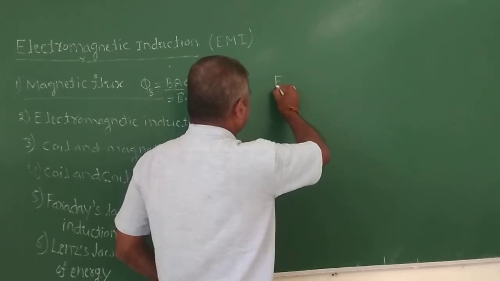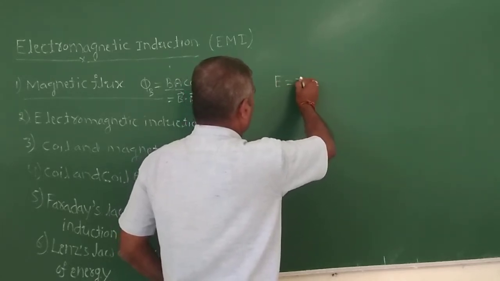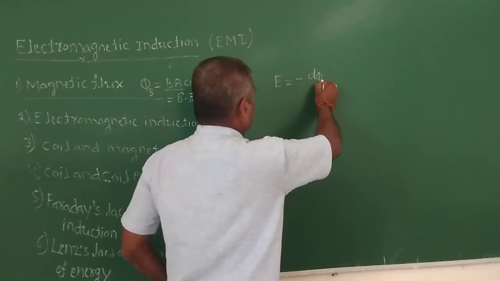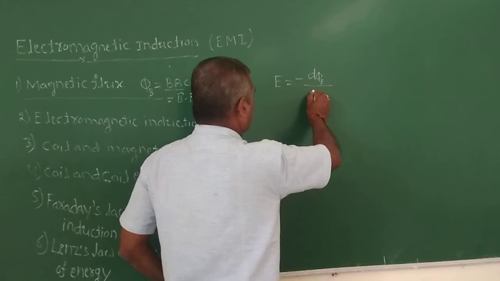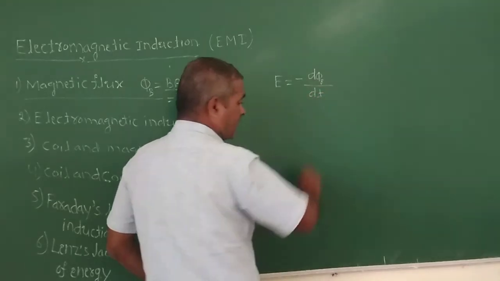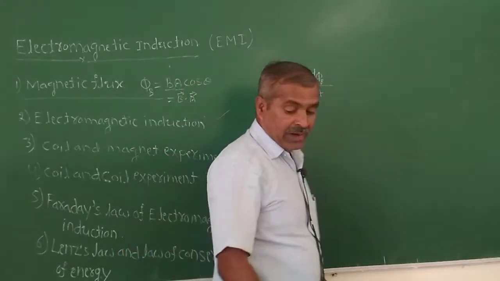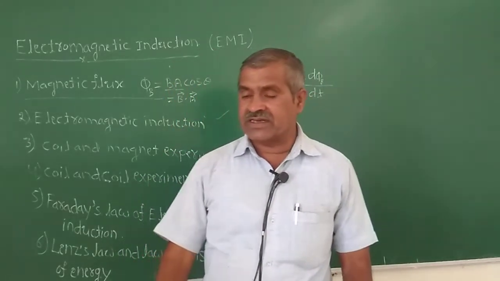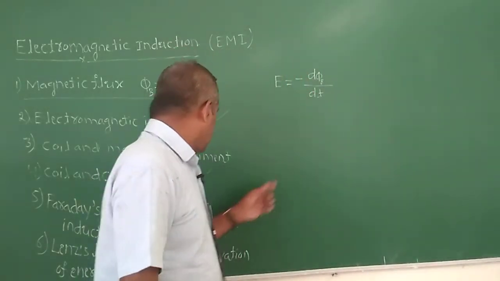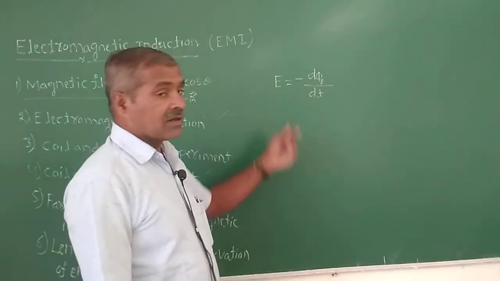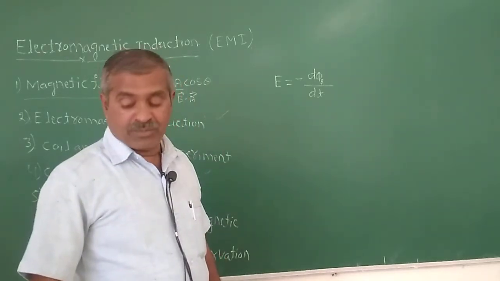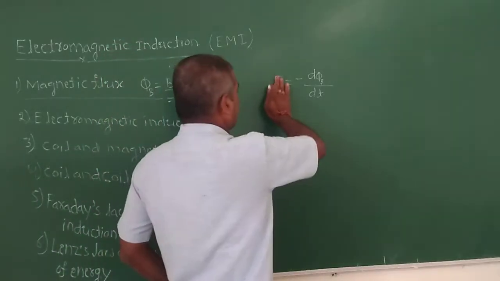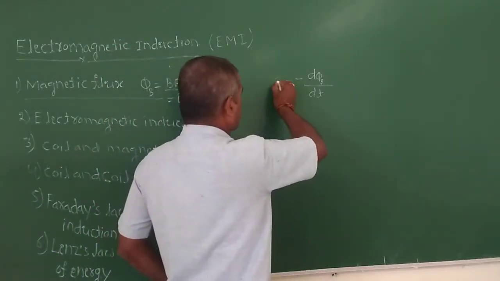See, this is E equal to minus d phi by dt. This is Faraday's law, the induced EMF. The induced EMF can be written like that also.